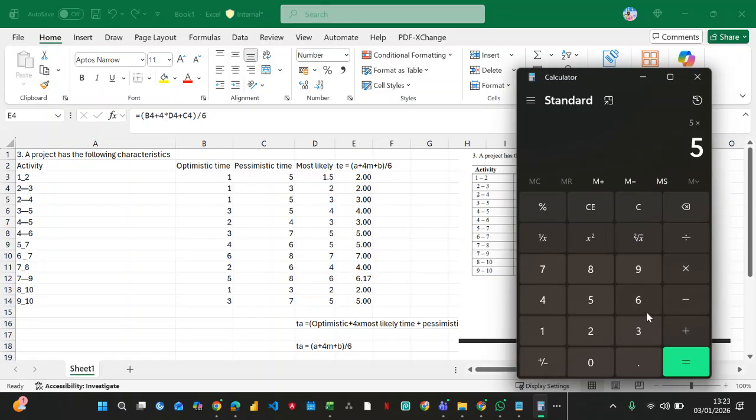Plus 4 times what? 1.5. 1.5 plus 4 times 1.5, plus B. B is 5. Plus 5. Plus B, which is 5. So divide this by 6.